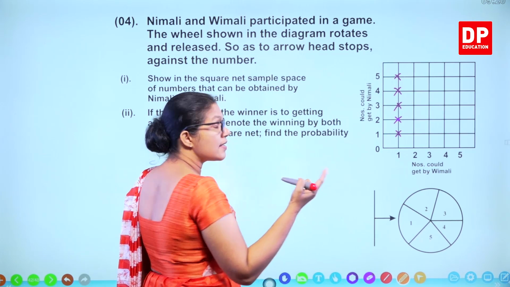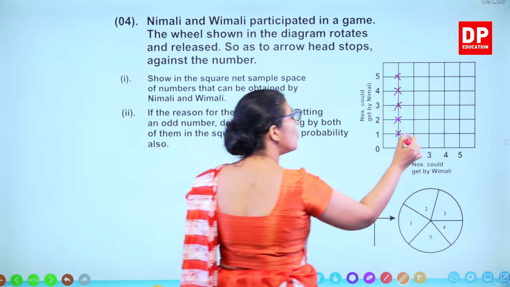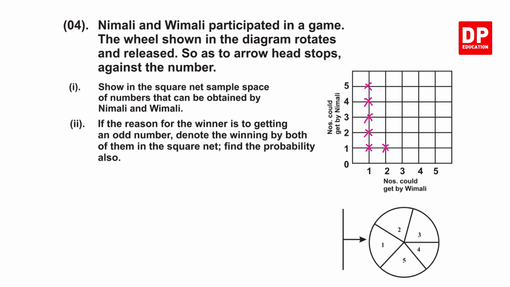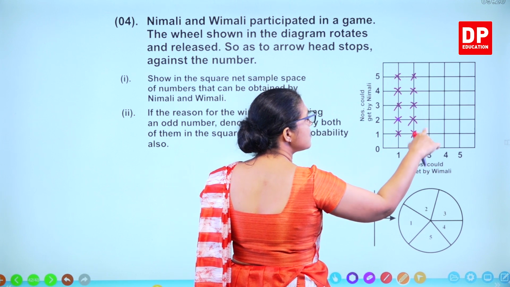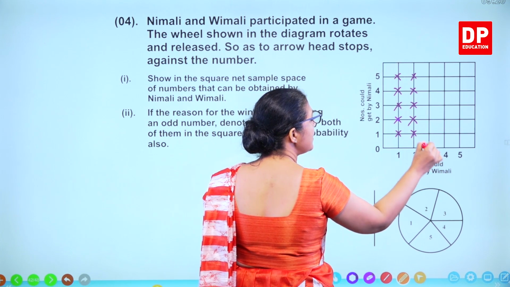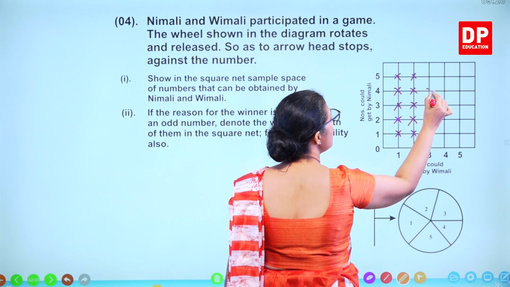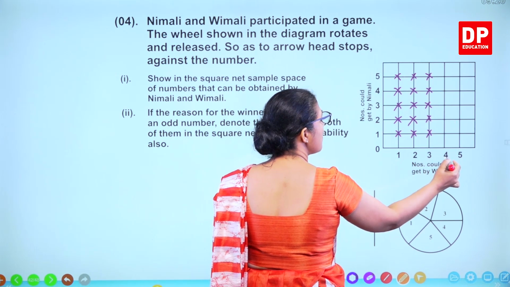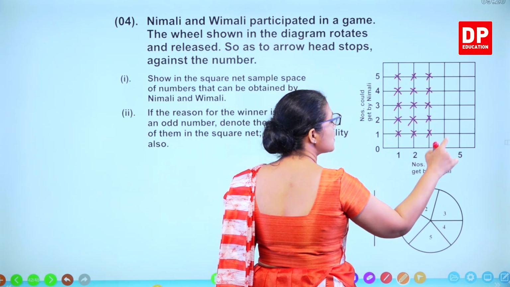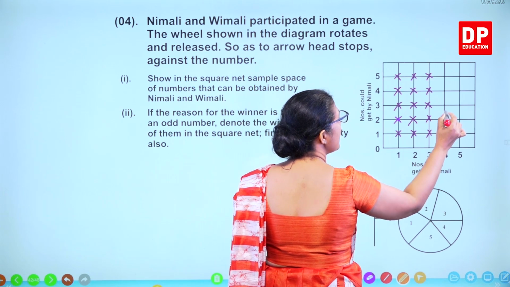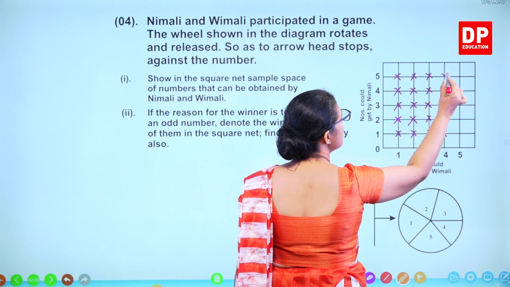So likewise, Vimali can get 2. Then Nimali can get 1, 2 with 2, 2 with 3, 2 with 4, 2 with 5. These are the possibilities. If Vimali gets 3, Nimali can get 1, 2, 3, 4, 5. So same as before. If Vimali gets 4, Nimali can get all the other numbers.